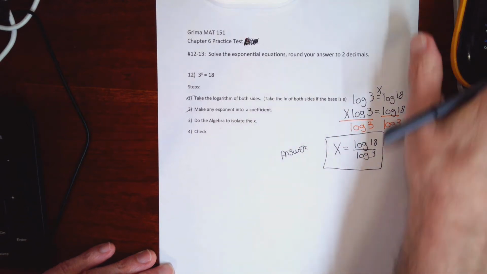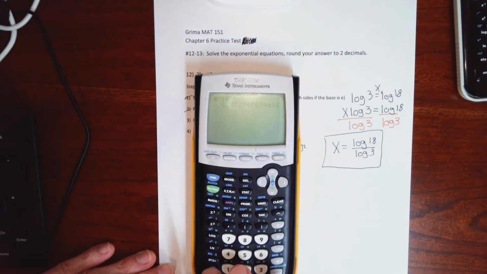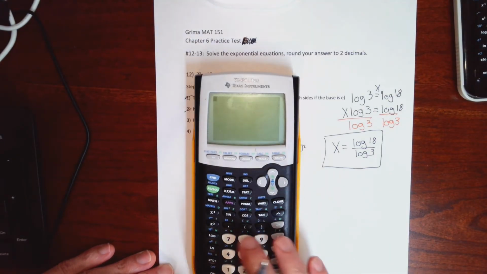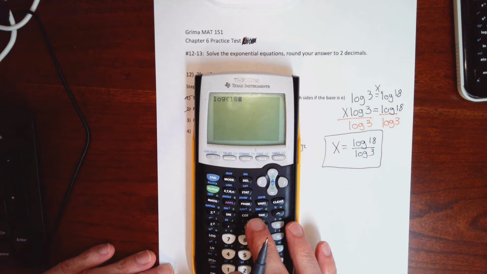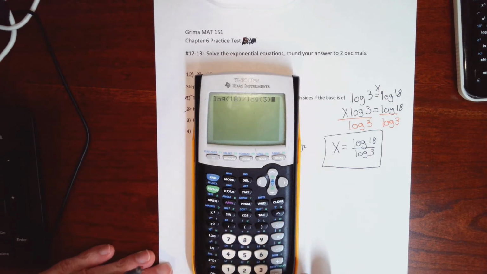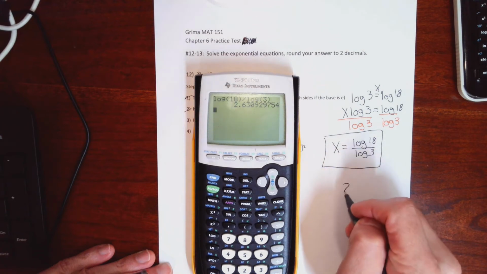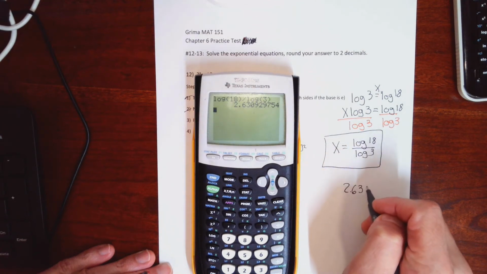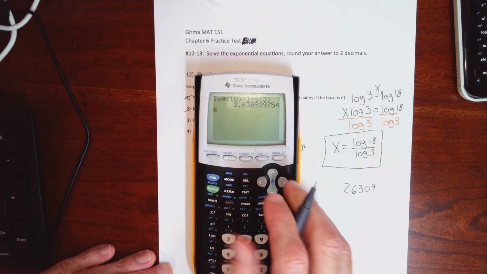If I want to check, I need this down to, let me do 4 decimals. Do log of 18 divided by log of 3. My answer is about 2.6309. That's what I'm going to check.